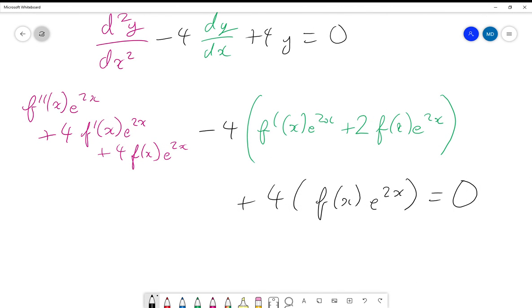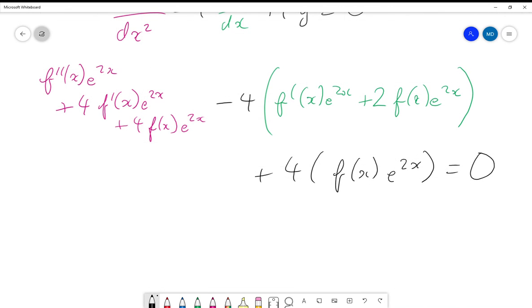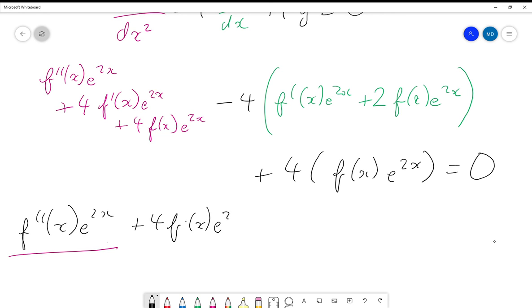Okay, and now we can simplify. So we've got f double dash of x e to the 2x. That's of course from the first term. And then we also have plus 4 f dash of x e to the 2x, that's from our first term still. There are no more f double dashes, that's the only f double dash. But we do also have minus 4 f dash of x e to the 2x from our green term.